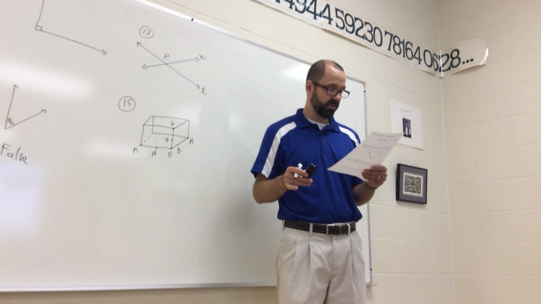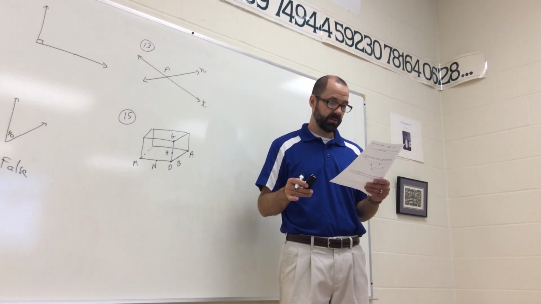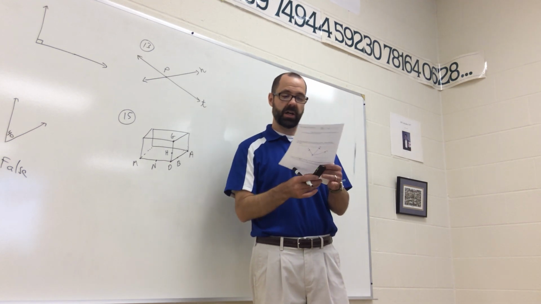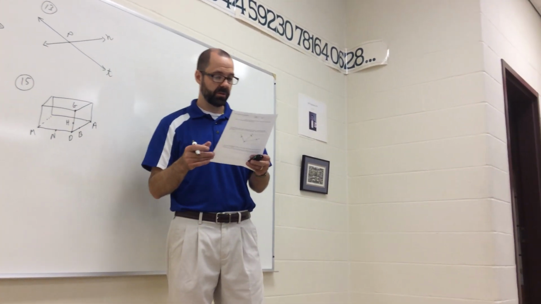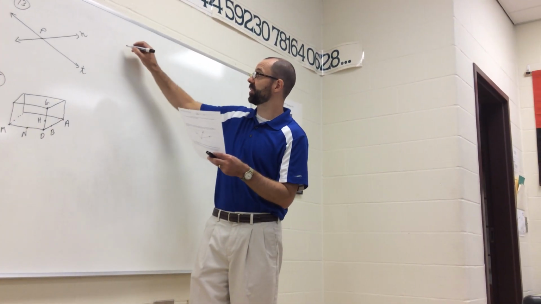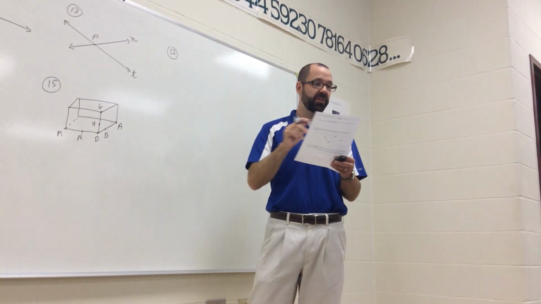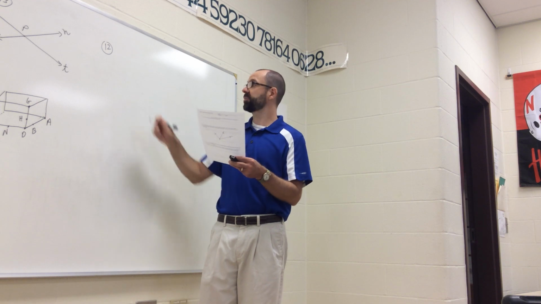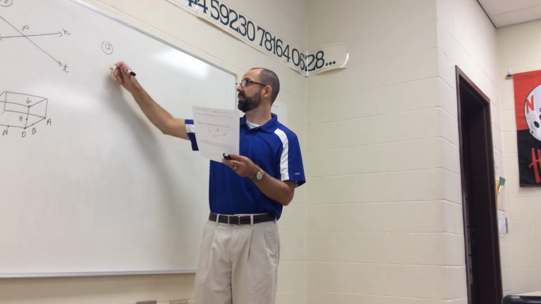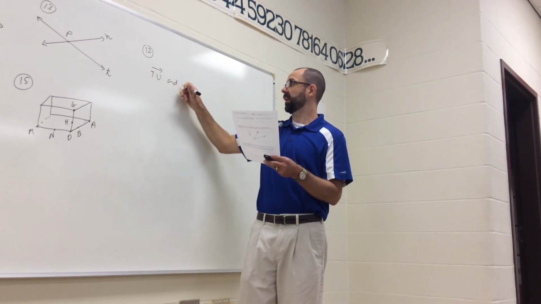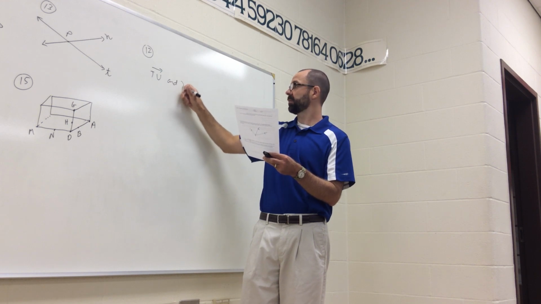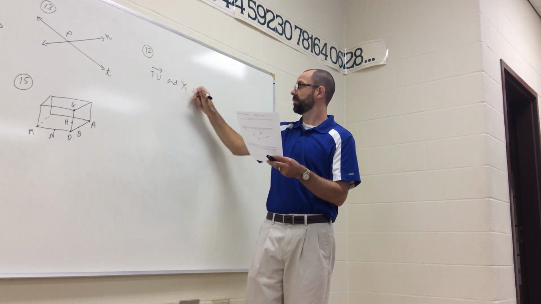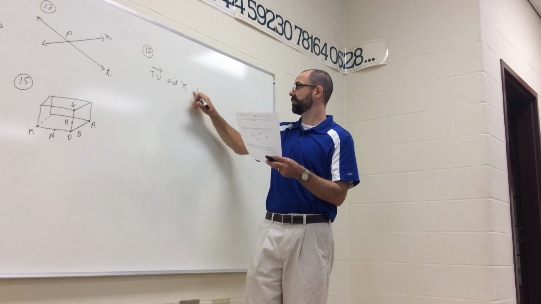Okay, just want to make sure I do all the tougher ones for you. It's hard to read number 12, so let me tell you what question 12 is. And actually, if you would write this on your paper, that would help me out. It's supposed to say TU and K intersect.